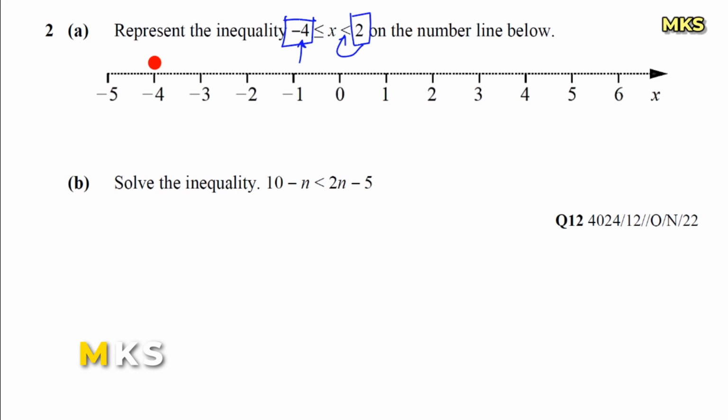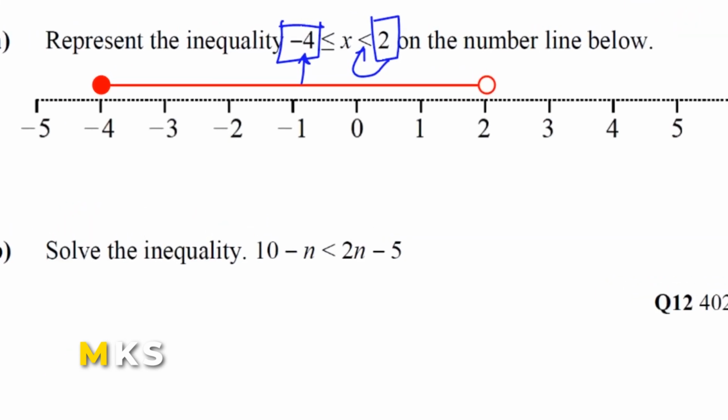Then another circle above 2 will be empty, because 2 itself is not included in the values of x. Now we join these two circles by a straight line. So this is how the inequality will be drawn on the number line.